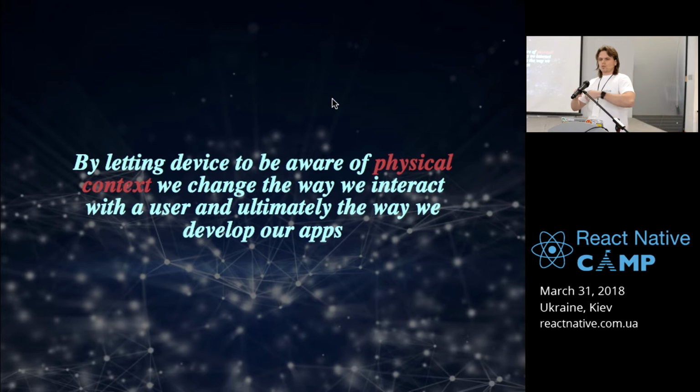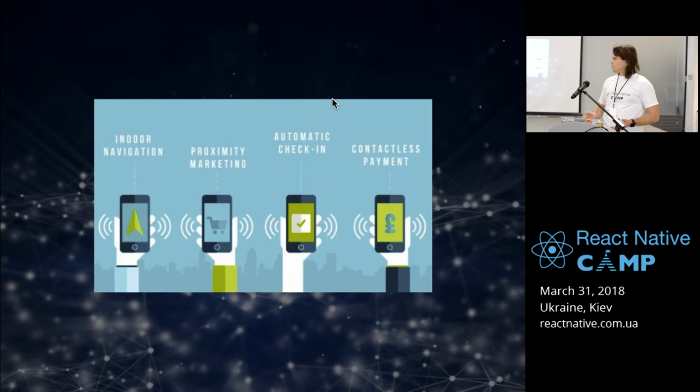If your device is aware of physical context, you can define user experience based on this physical context. For example, a user walks in the museum near a specific exhibition, he's there, you can send him things. So it's used for lots of things.